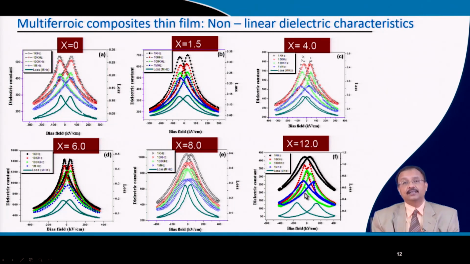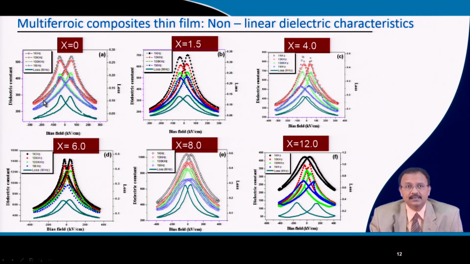And then the third important characterization is its non-linear dielectric characteristics. You know, PLT is a dielectric, but CFO is not a well-known dielectric material. So, once you start mixing it in at a relatively high CFO content, the non-linearity of the dielectric constant is a bit affected.